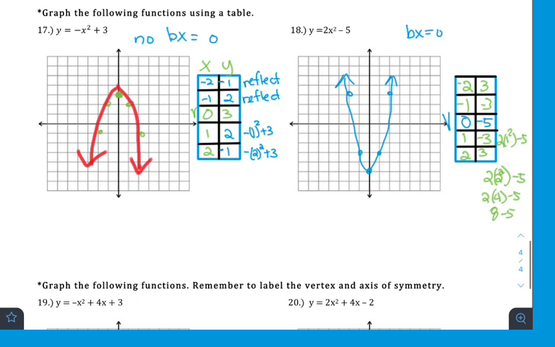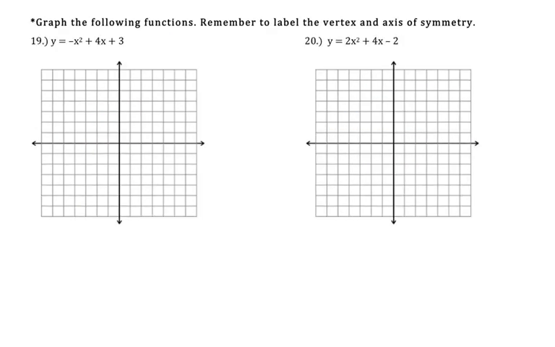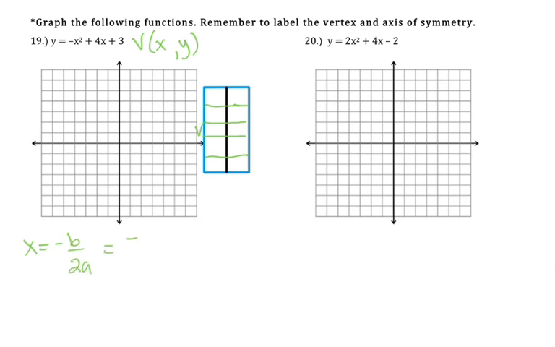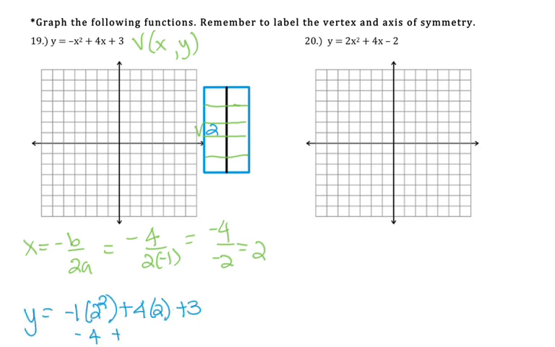All right, our last 2 questions are going to be graphing from scratch. So first we have to find the vertex because we have a b value. We use our negative b over 2a to solve for the x value, which is 2. And then we plug that in to solve for our y value, which is 7. Now, a point that is bigger and smaller, I'm going to do the smaller first on this one.